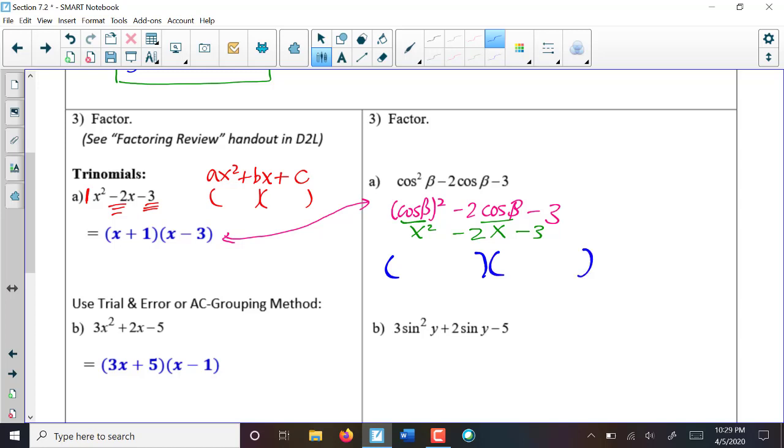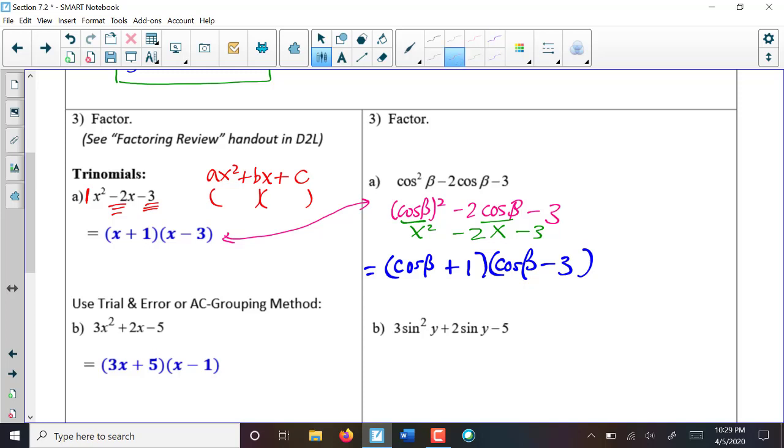Okay, so instead of x and x, I have cosine beta, and same thing, multiply to be -3, add up to be -2. So +1 and -3. So there are my factors.